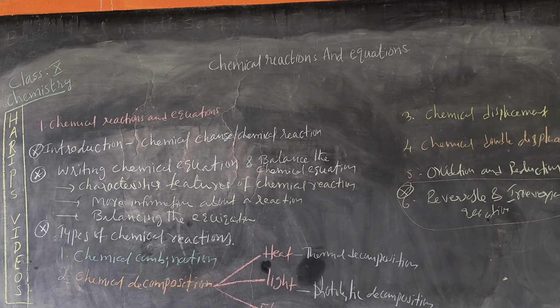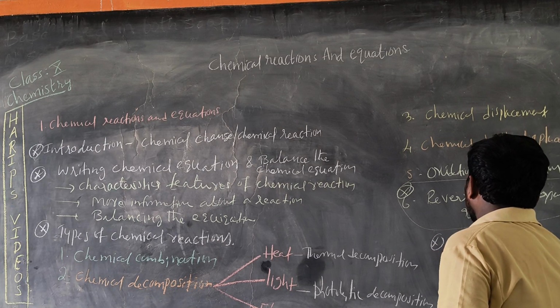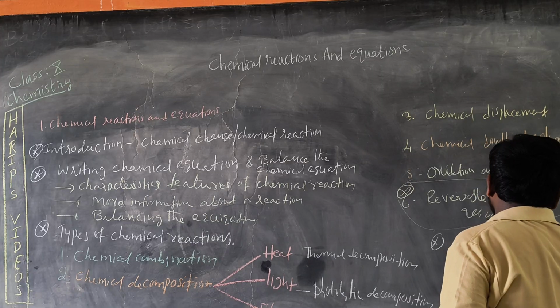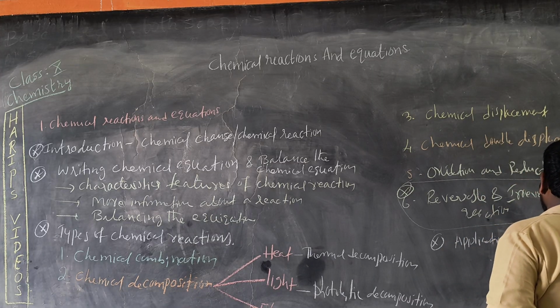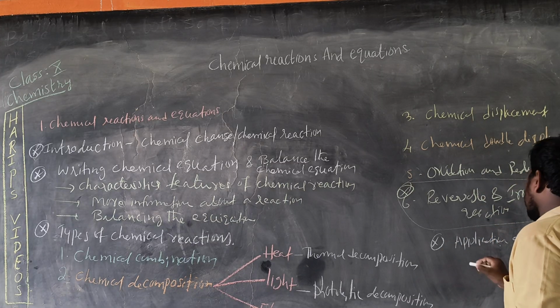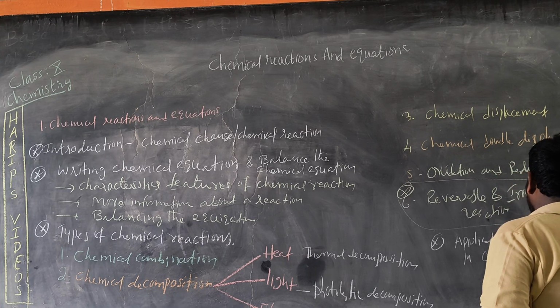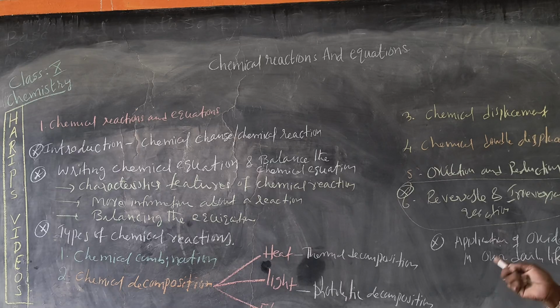Then after that we will discuss applications of oxidation in our daily life. So these are the topics we have in our chapter chemical reactions and equations. This is the brief overview.